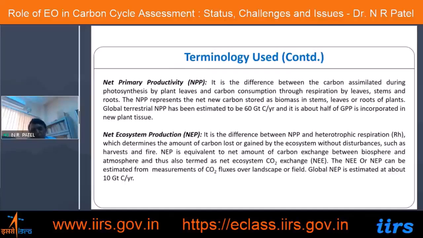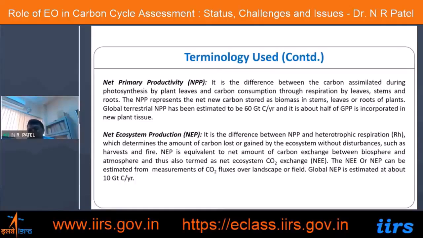So it is merely the difference between the net primary productivity and heterotrophic respiration. That means once you subtract the amount of carbon released by microbial respiration, soil respiration and root respiration, you get net ecosystem productivity, which determines the amount of carbon lost or gained by the ecosystem without disturbance.